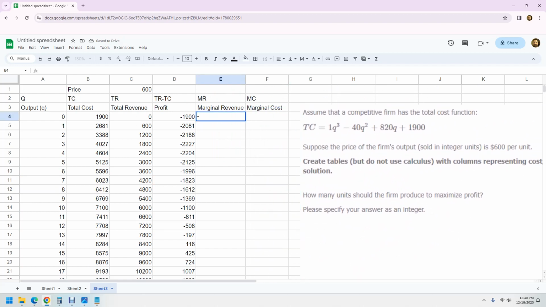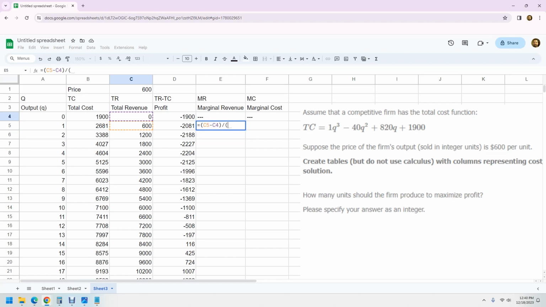So we don't have anything here or here. Marginal revenue. Marginal means additional. So what we're going to do is take, marginal revenue is always going to be 600, but I'll write a formula for it anyway. It's whatever's in this column minus this column, and we'll put that in parentheses because we're also dividing that by the difference between here and here.